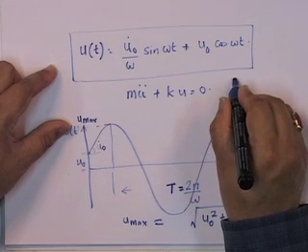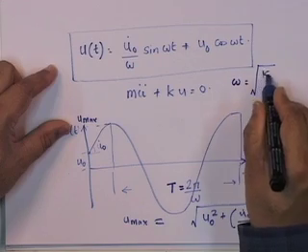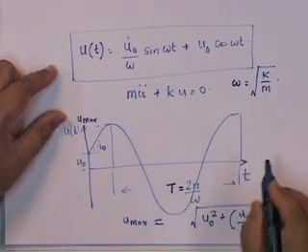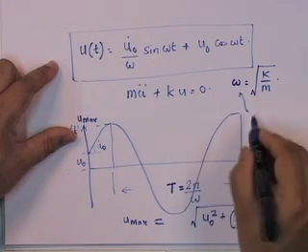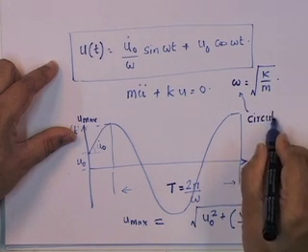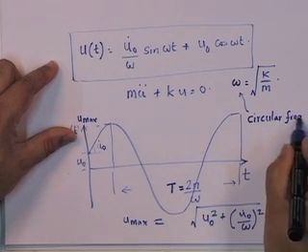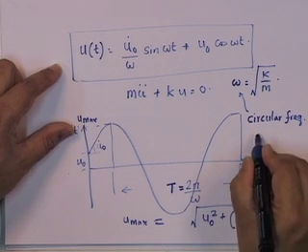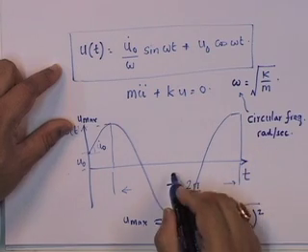Now, there are certain things that are important to look at over here. Remember that omega, as we had defined it, was given as root k over m. This is known as the circular frequency of the structure, and it is given in radians per second.